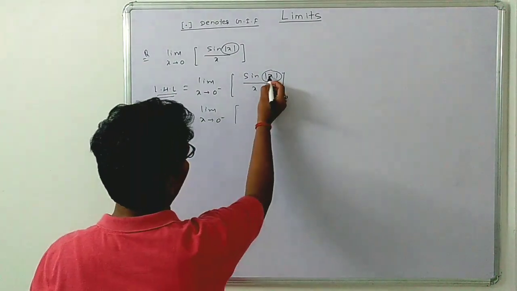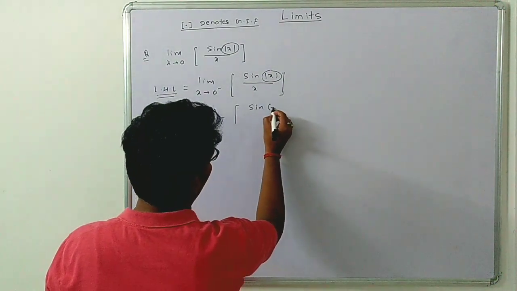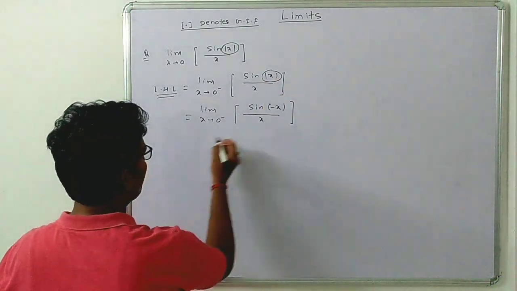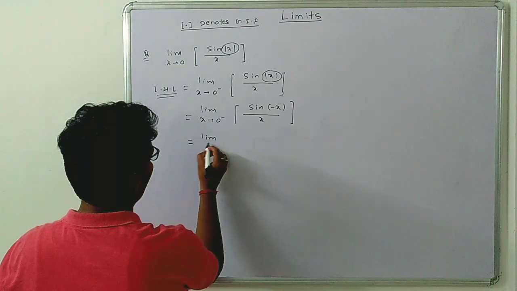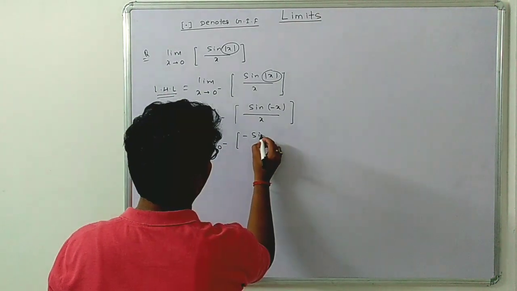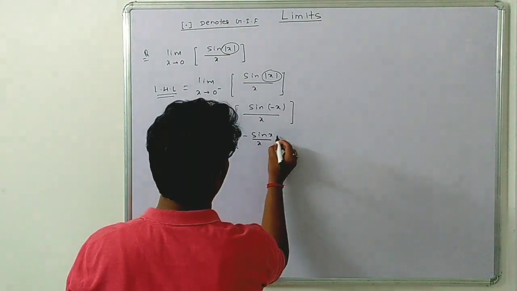So we can write sine of minus x by x, by the definition of modulus. So this is limit x tends to 0 minus of minus sine x by x, correct.